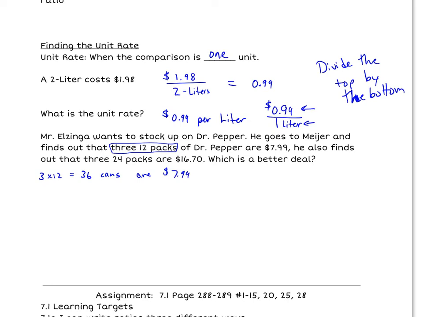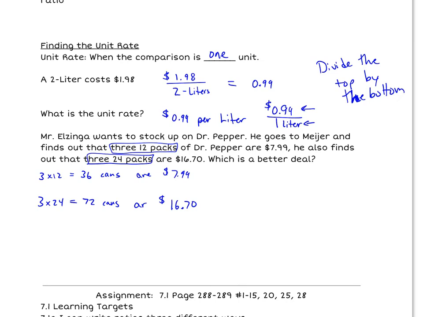I also find that 3 24-packs, which would be 72 cans, are $16.70. Now, what's a better deal?